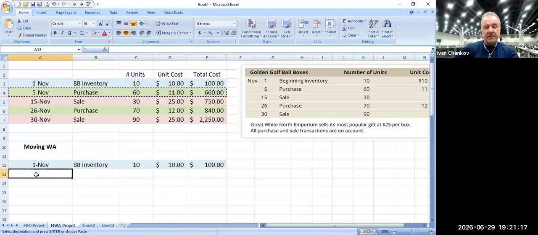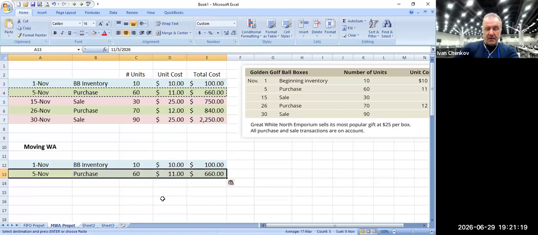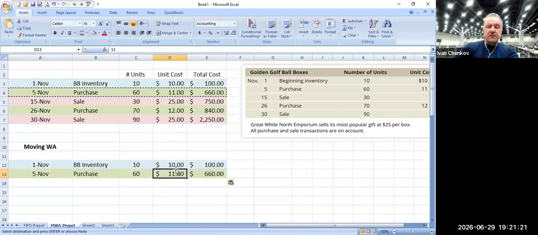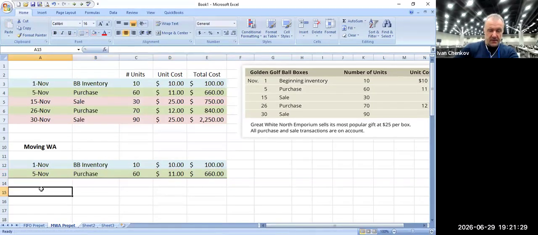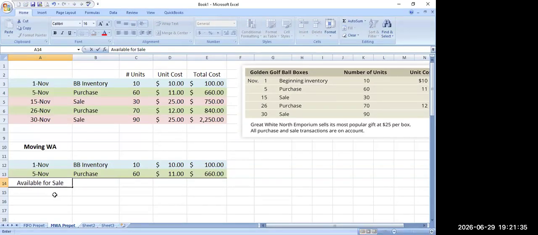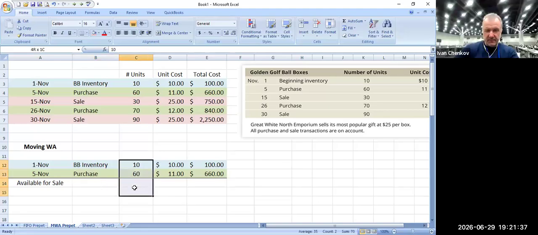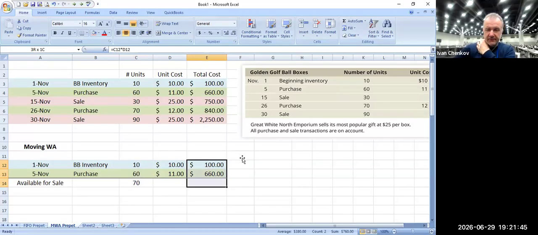First purchase comes November 5th. And we purchased 60 units at 11,660. Now the question is how much we have available for sale. We can easily calculate. Now we're going to have available for sale, and we have 70 units available for sale. Also, we have the total cost of those units.